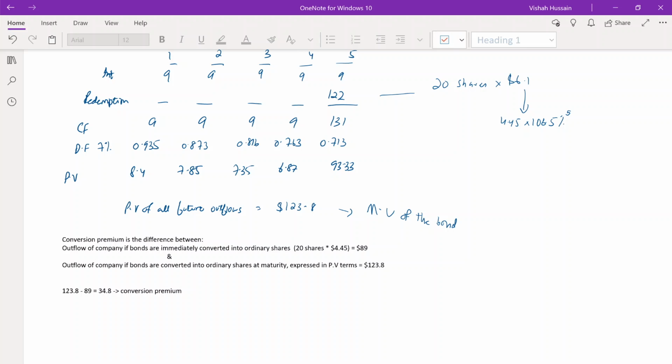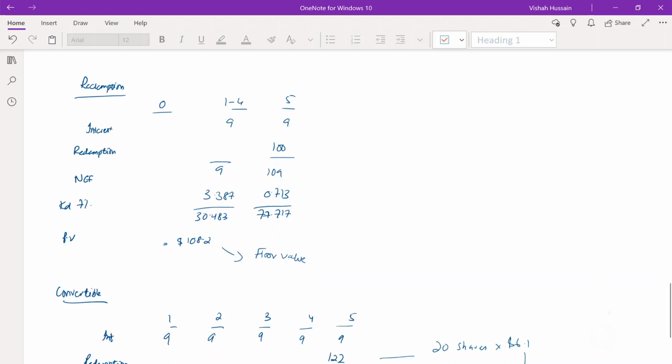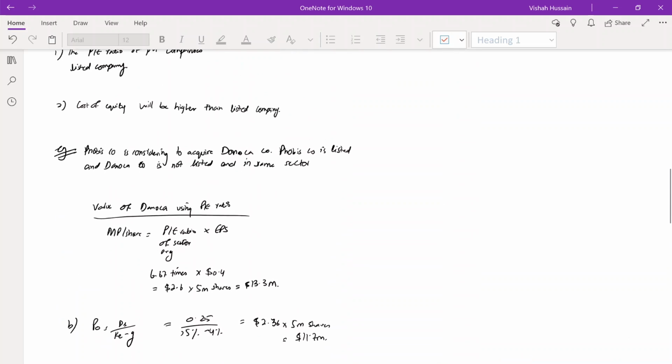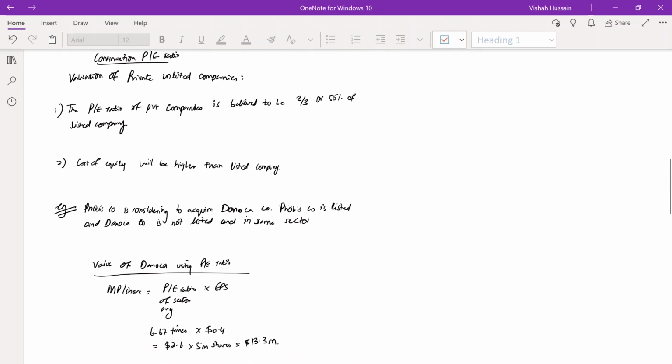I hope you guys won't have any confusion now in performing the question. And before you move on, just in case the value of private unlisted companies has to be computed, in that case the PE ratio of private companies is believed to be 2 over 3, or 50% of the listed company.